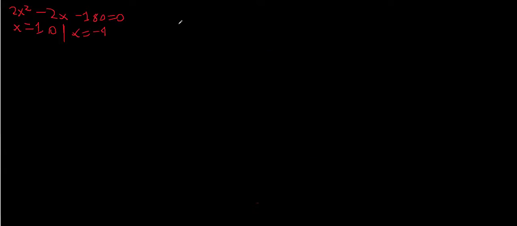Okay, now we're going to do it again, this time with 2 times -9 squared minus 2 times -9 minus 180 equals 0. We'll do this one. So -9 squared. So -9 times -9 is positive 81.